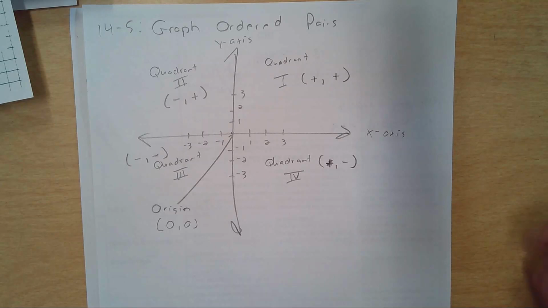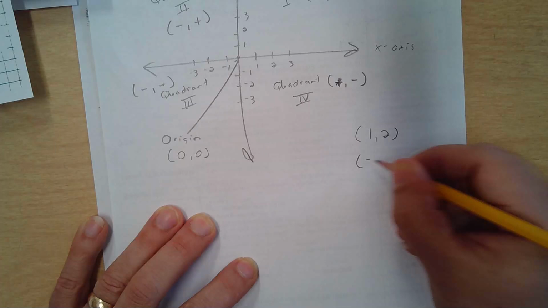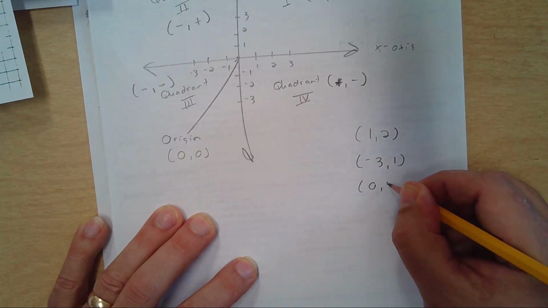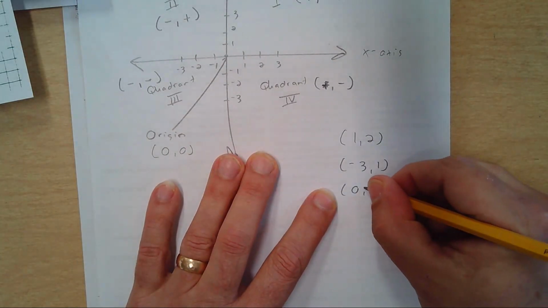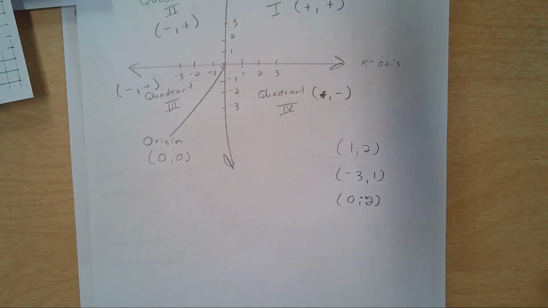So when I'm plotting things, I'll just make up a couple points. (1, 2), (negative 3, 1), and (0, negative 2). All right. So I've listed 3 coordinates here.